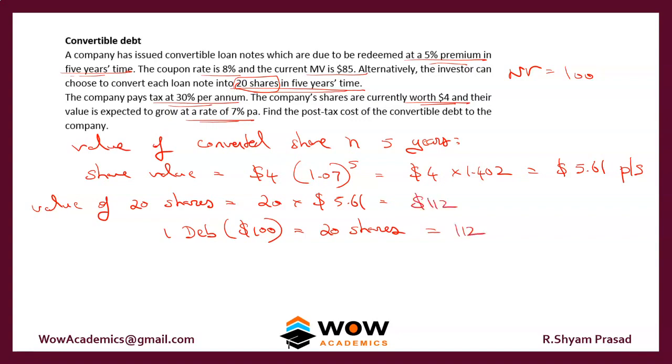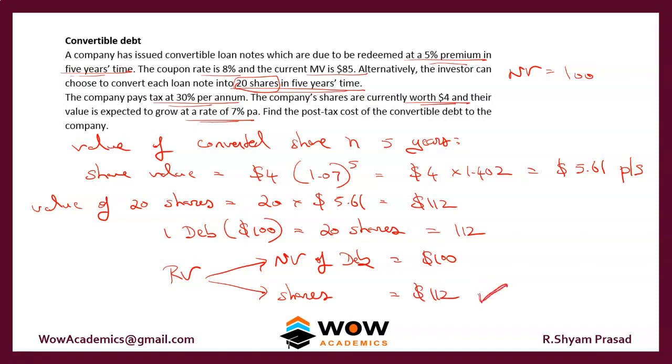So the share value is 112. Now the question is which will be the redemption value? Redemption value will either be the nominal value of the debenture, which is $100, or the shares, which he can redeem at 112. Which one will he choose? Whichever is higher, so he will choose 112. That's the convertible option: he has the option to convert the bond into shares and he will get 112 as the redemption value.